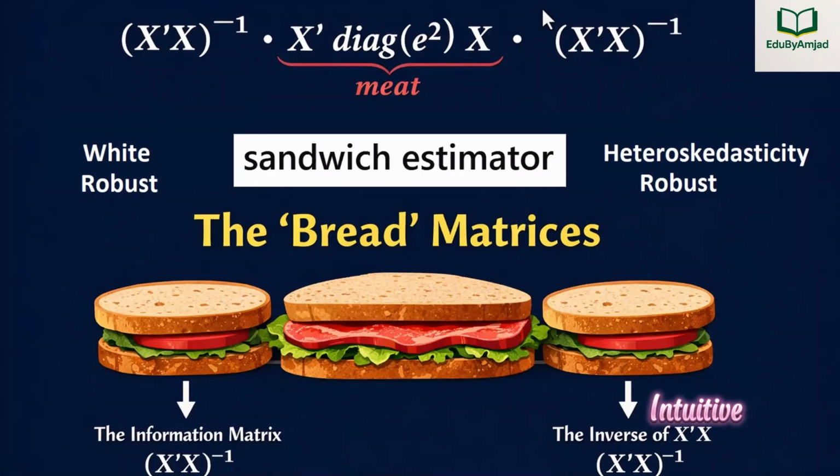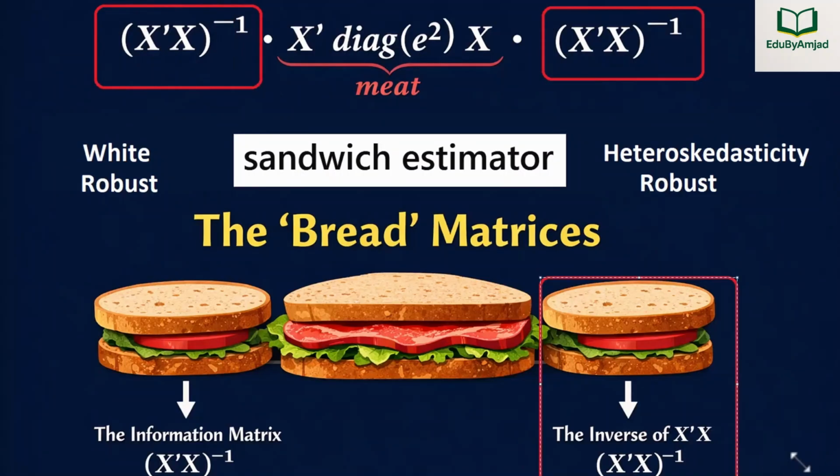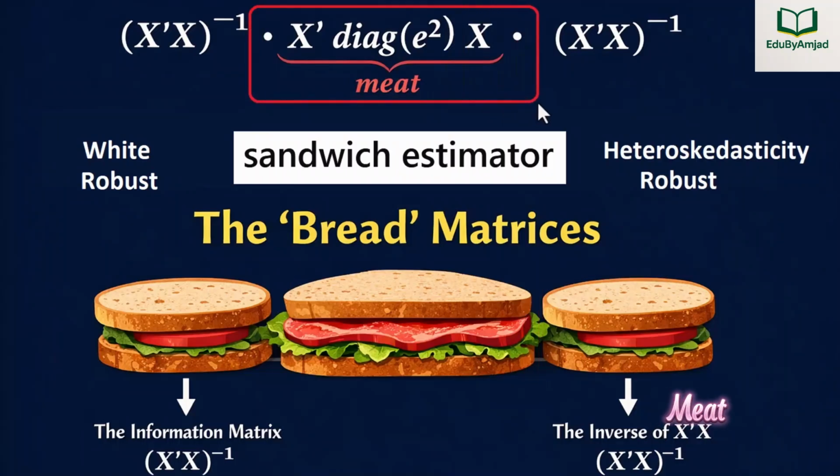Here is a more intuitive pictorial representation. The outer matrices, x prime x inverse, are the bread. In the center is the meat. The diagonal matrix plays a crucial role, because it replaces the single constant variance with appropriate weights for every observation.